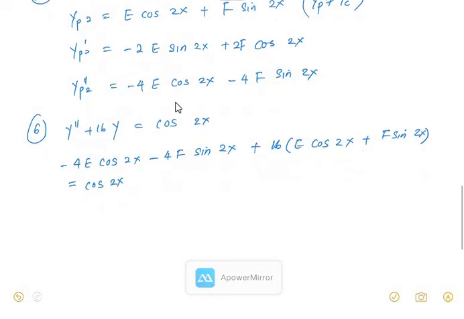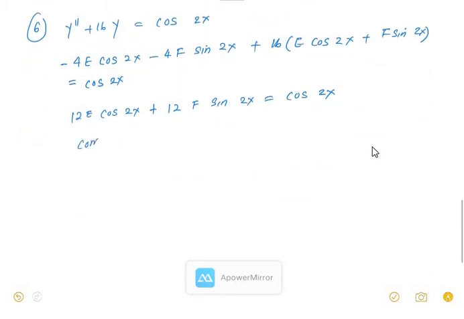Okay, you can simplify. Negative 4 plus 16, we get positive 12e cos 2x. And then negative 4f plus 16f, that one is plus 12f sine 2x equal to cos 2x.